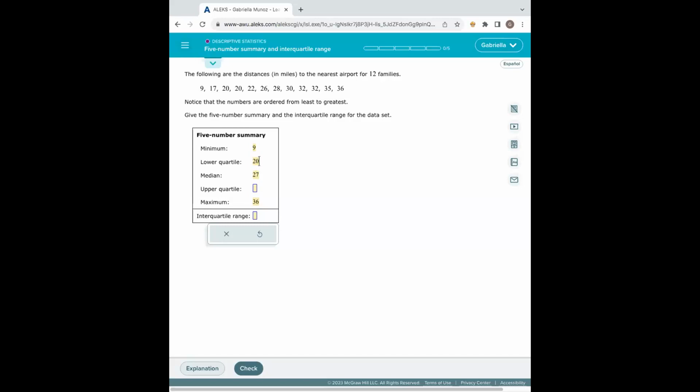You find the two middle numbers, which looks like 32 and 32. Now the interquartile range is the difference, subtraction, upper quartile minus the lower quartile. 32 minus 20. I got 12. Yes.